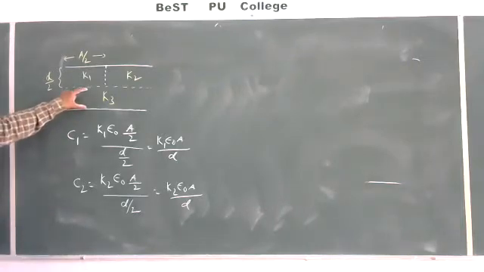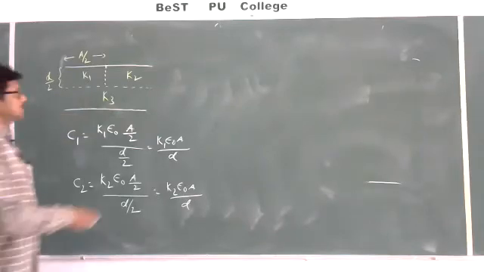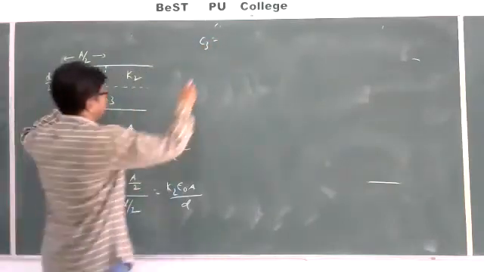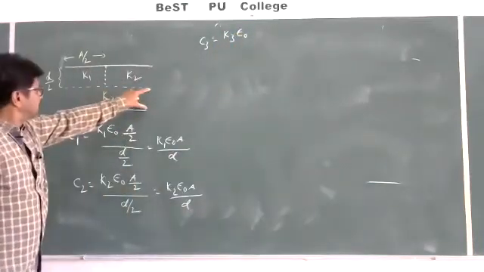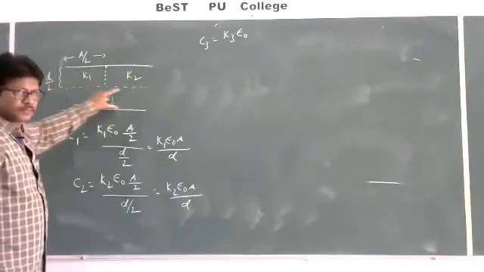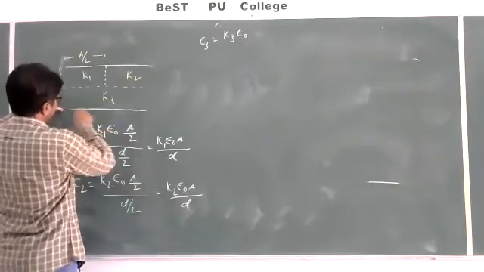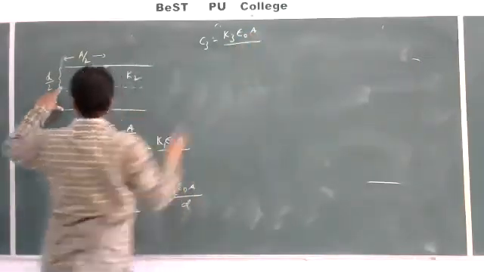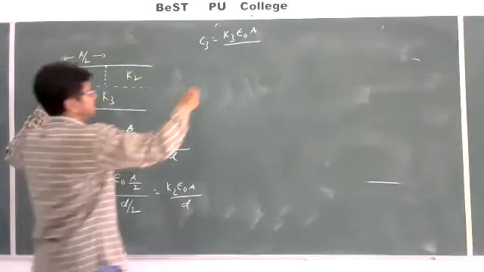Now one more, the third capacitor, having a dielectric constant K3. C3 is equal to K3 epsilon naught. Here the area is A only, because this is the third capacitor now. The area of each plate is A only, divided by the distance between the two plates, which is D by 2.